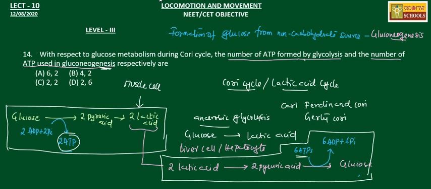So two formed in glycolysis and six used in gluconeogenesis. So option D is right.